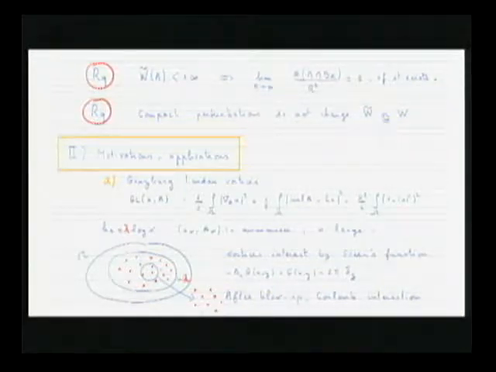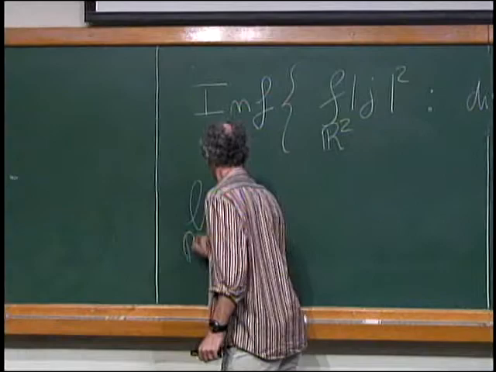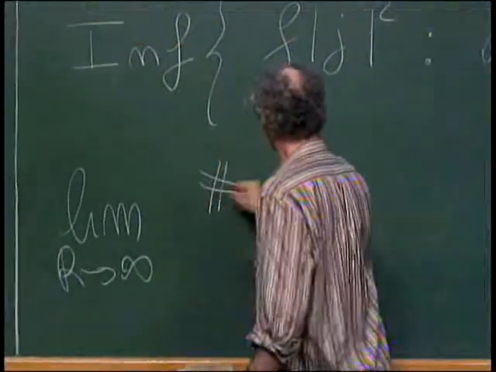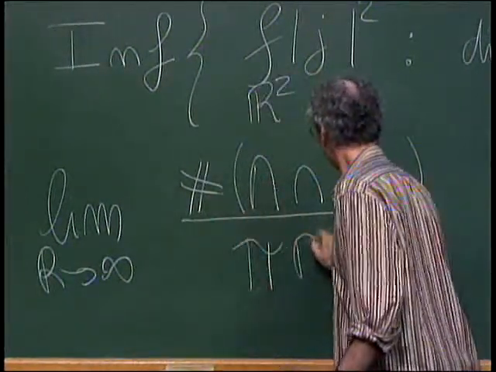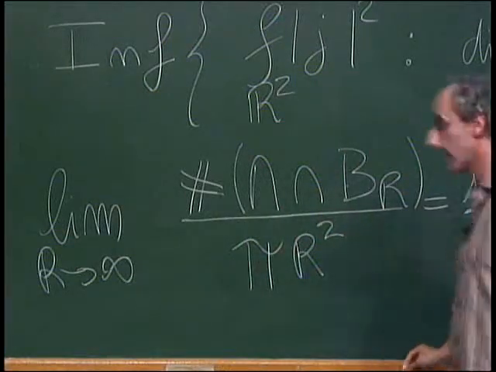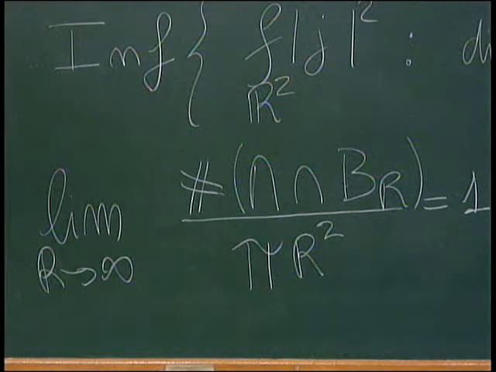One remark is that if this energy W tilde of lambda is finite, then the number of points in a ball of radius r is roughly the measure of the ball of radius r, if this limit exists.